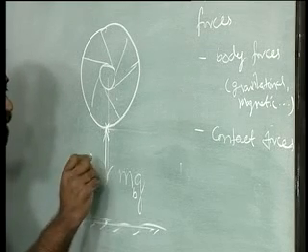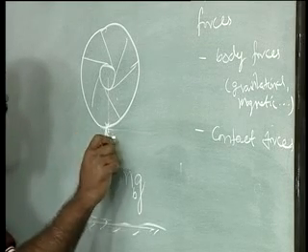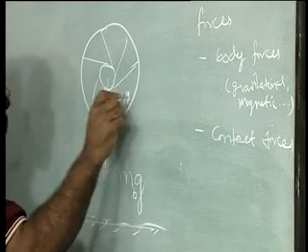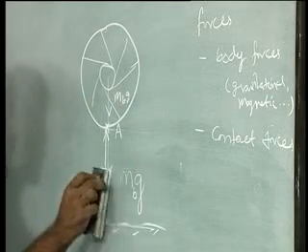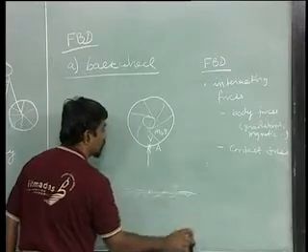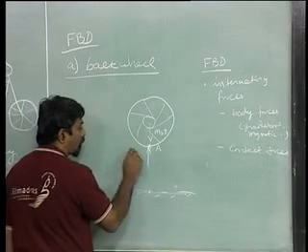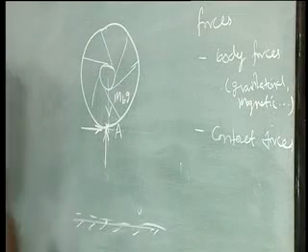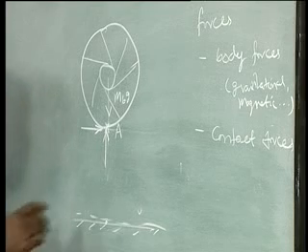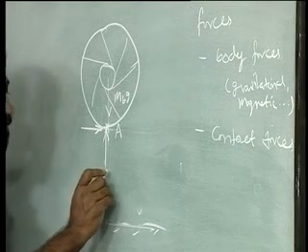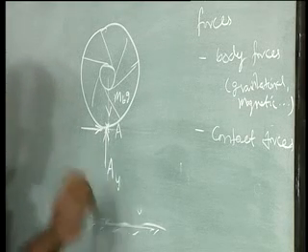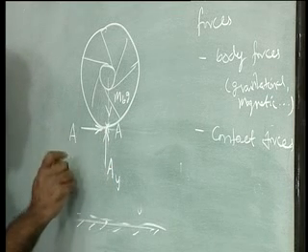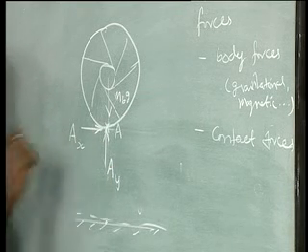So let us call this point A. I am just going to shift mg over here so that it is easy. Okay. There are two forces that come in, one to prevent vertical motion, the other to prevent horizontal motion. So let us call this AY and this to be AX.